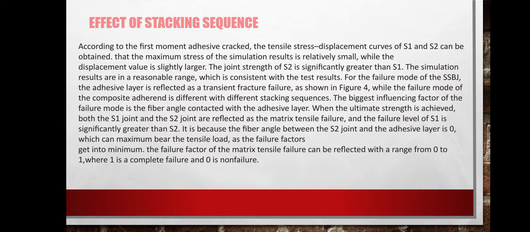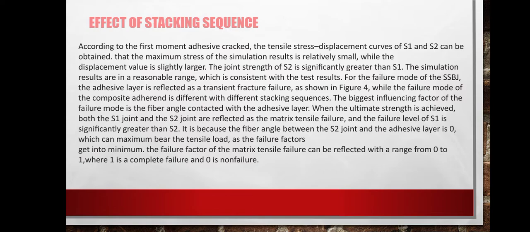When the ultimate strength is achieved, both S1 joint and S2 joint are reflected as a matrix tensile failure, and the failure level of S1 is significantly greater than S2. It is because the fiber angle between S2 joint, the adhesive layer, is zero, which can maximum bear the tensile load as fracture factors get into minimum.